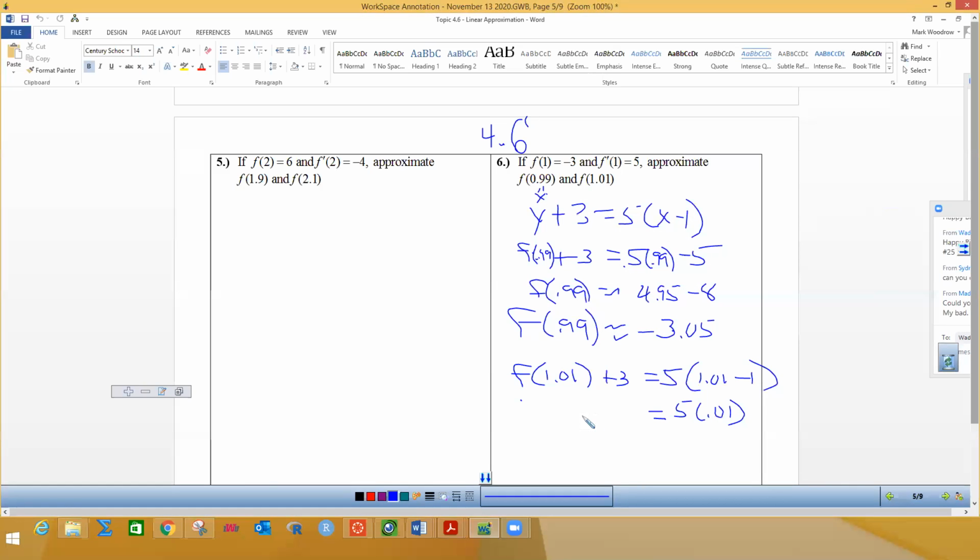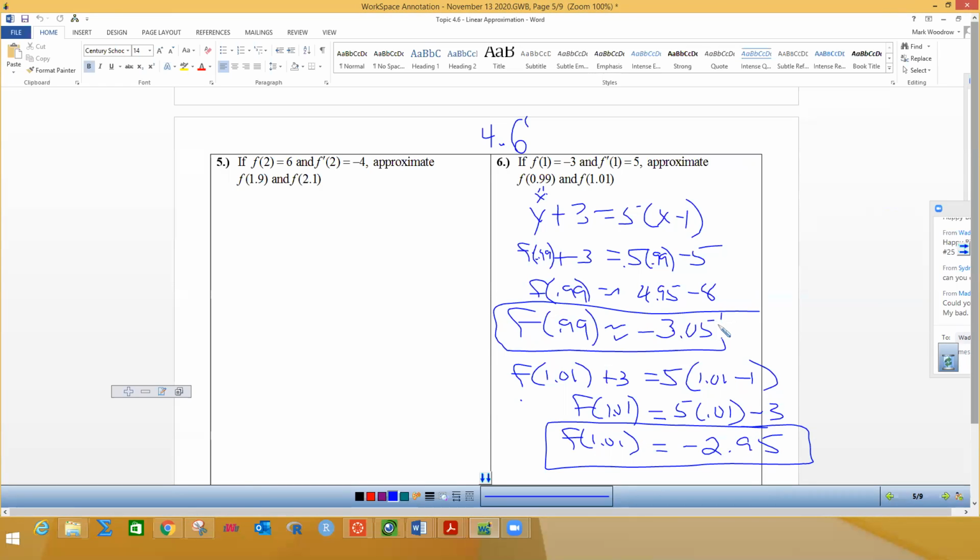I probably should have done that way before. So this is going to be 0.05 minus 3. So it's going to be -2.95, I believe, if I'm doing my calculation right. So there are your two answers. Those are the estimations of those two things.